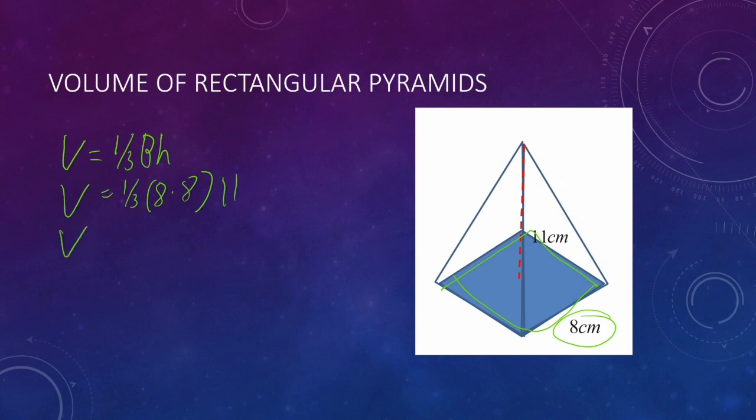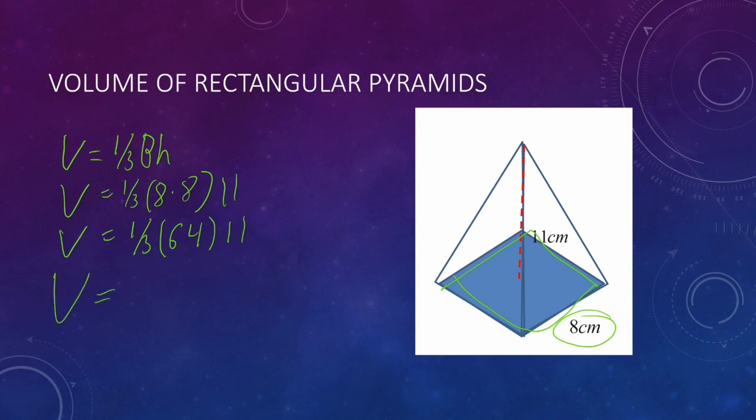So now volume equals 1/3 times 64, because 8 times 8 is 64, times 11. Now, plugging it into your calculators, 1/3 of 64 is going to be 21 and 1/3.